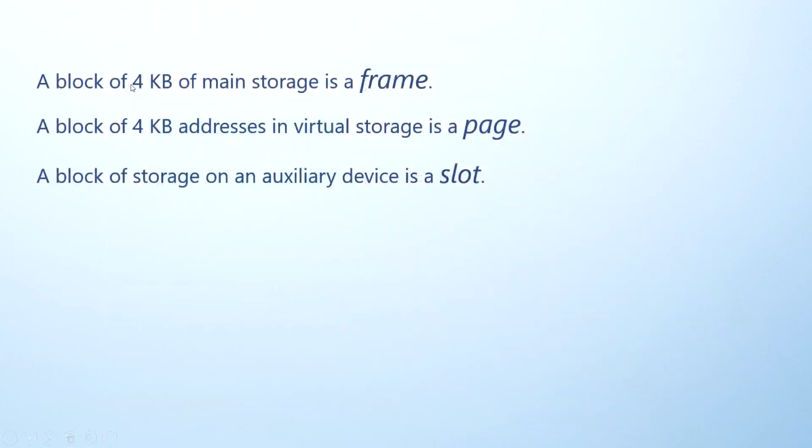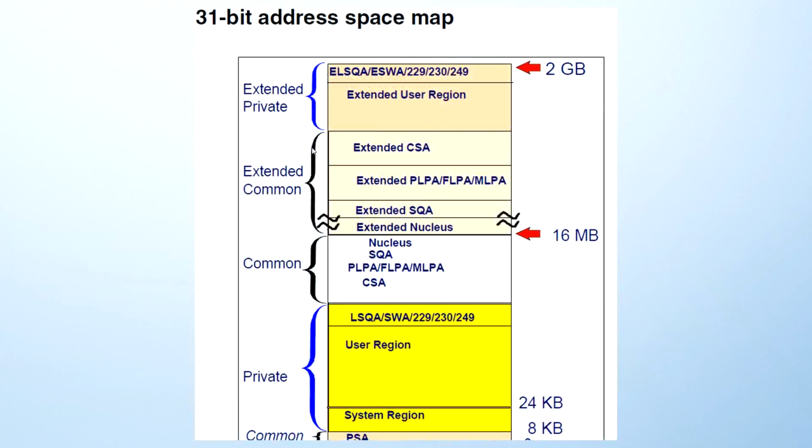So a block of 4 KB of main storage is called a frame, a block of 4 KB addresses in virtual storage is a page, and a block of storage on an auxiliary device is a slot. As we spoke about virtual address space, in simple terms an address space is a range of addresses in virtual storage.